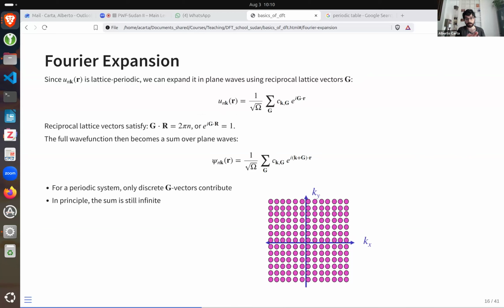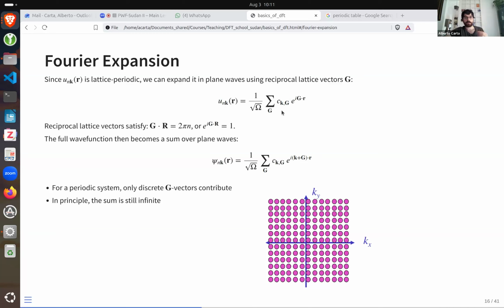plane waves. Now this is the most complicated part, because you're going to see that we have two types of plane waves. The idea here is that we take this periodic function, the function that modulates the free electron wave function, and we expand it into coefficients. We take the Fourier coefficient expansion of this periodic function.